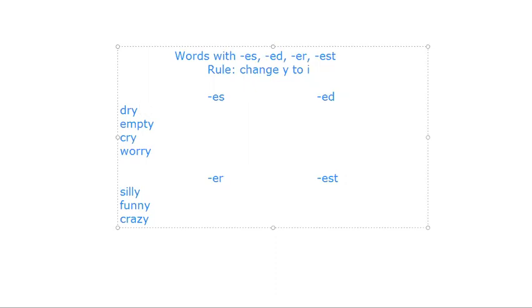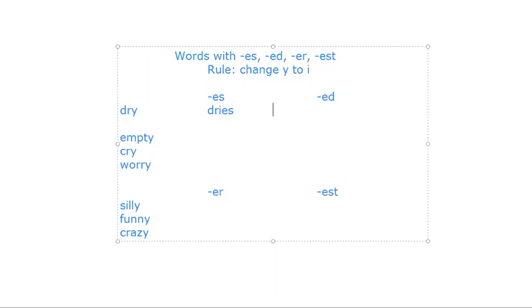So if we're going to add our ending and follow the rule for y changes to i, then I'm going to spell it with a dr, change that y to an i, and then add es to make the word dries. Sam dries her clothes in the sun. So that would be a way to spell the word dries. We change that y to an i.